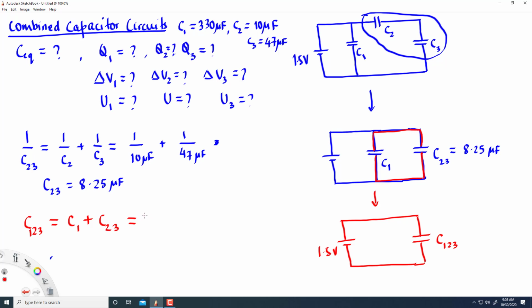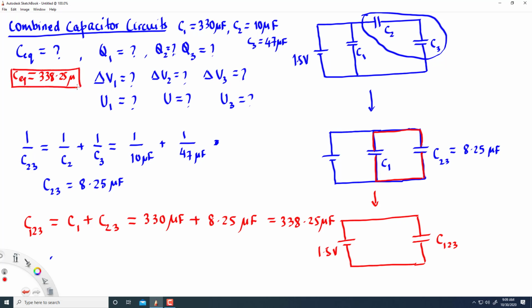C1 is 330 microfarad plus C23 is 8.25 microfarad, and if you add that, you get 338.25 microfarad. Okay. So we got the C equivalent, 338.25 microfarad. That's the answer for the first one.